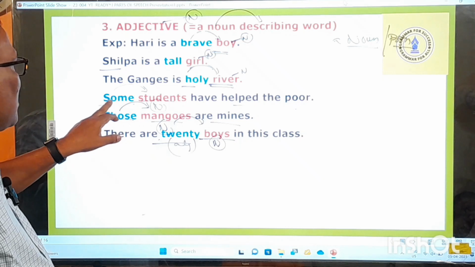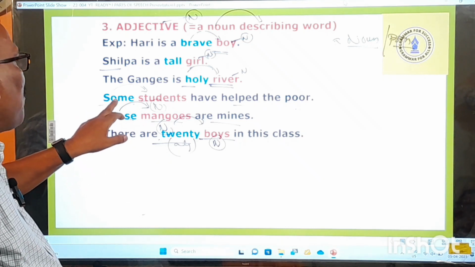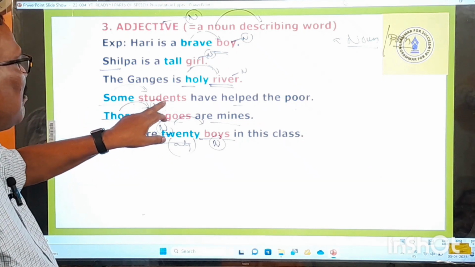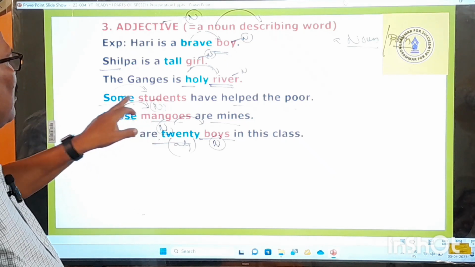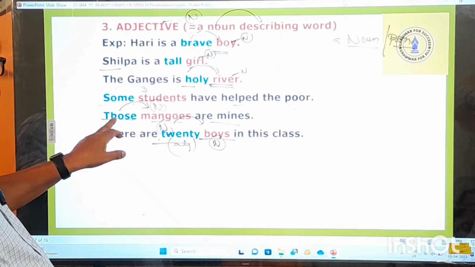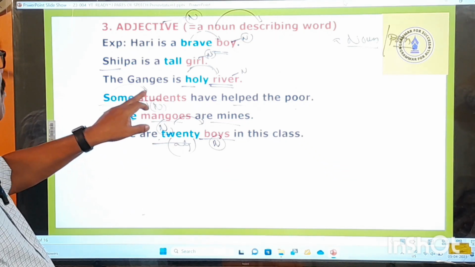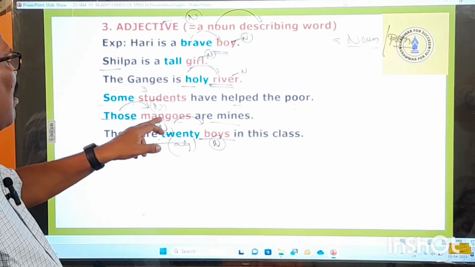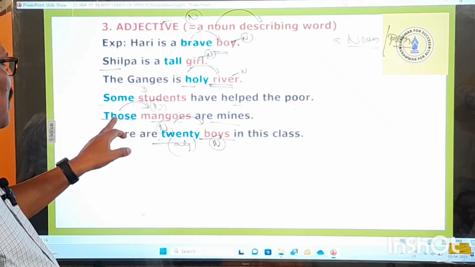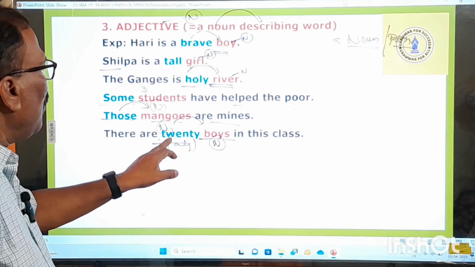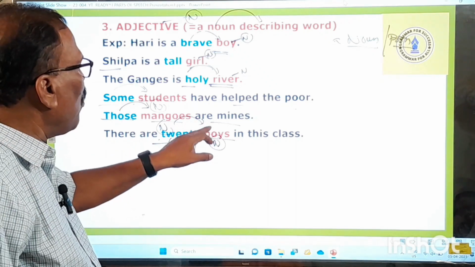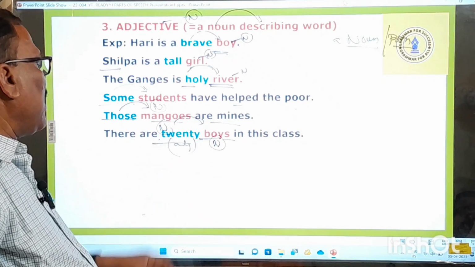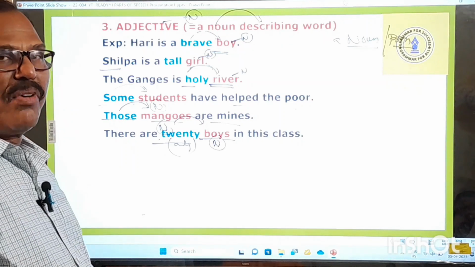In the fourth example, the word some is describing this students, that is a noun, therefore it's an adjective. In the fifth example, those is describing these mangoes, a noun, and therefore it's an adjective. And in the last example, 20 is describing these boys, a noun, and what is 20? Adjective.